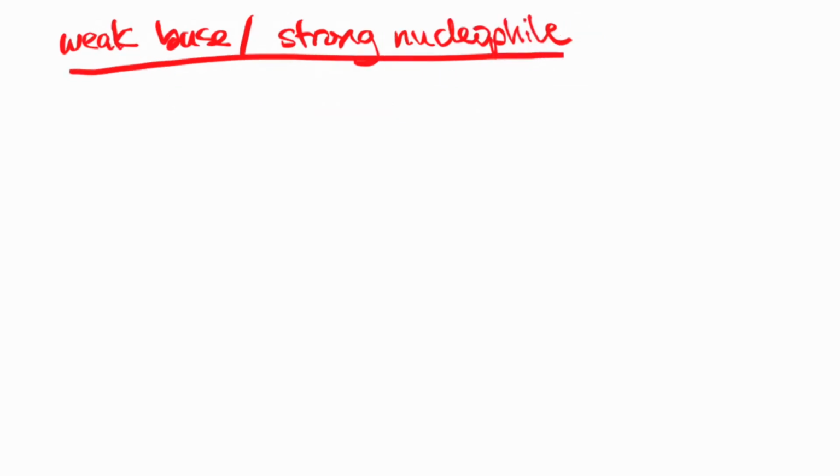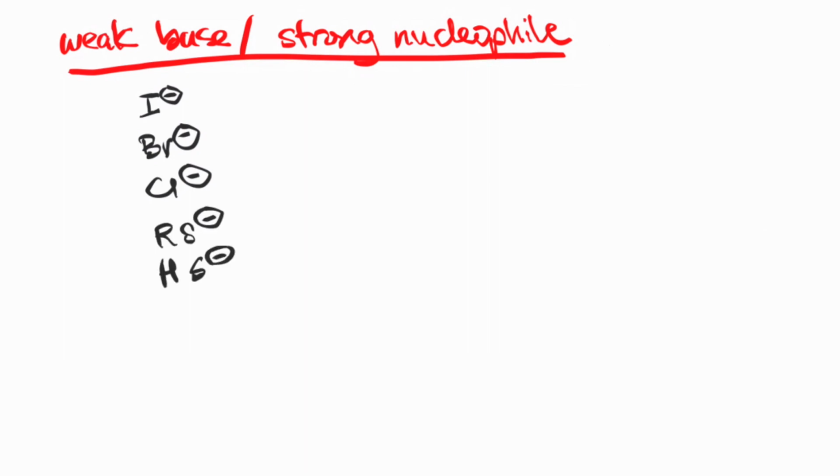Alright, so now let's talk about the weak base, strong nucleophiles. So essentially, they only function as nucleophiles. We've seen these already. They are the iodide, the bromide, the chloride. So those halogens are conjugate bases of very strong acids, so they're not going to be very good as a base, but they are full of electron density, so they are strong nucleophiles. Adding on to this are these sulfides, especially if they are negatively charged, whether it's with a hydrogen or with an alkyl chain.